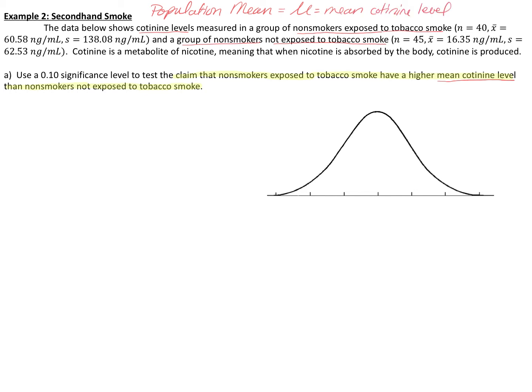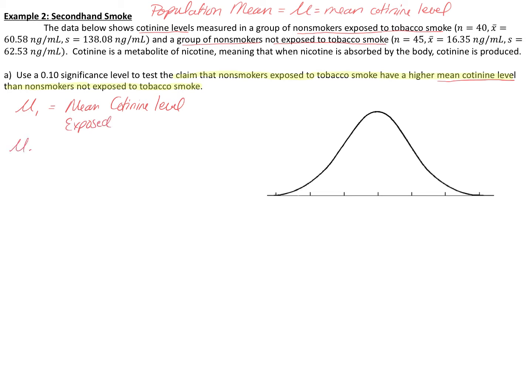Since we have two independent samples, those samples come from two separate populations. So let's identify those two populations. The first population, we'll call the group that is exposed to tobacco. I'll write down here, mu1 is the mean cotinine level for the first group, the group that's exposed, meaning exposed to tobacco smoke.